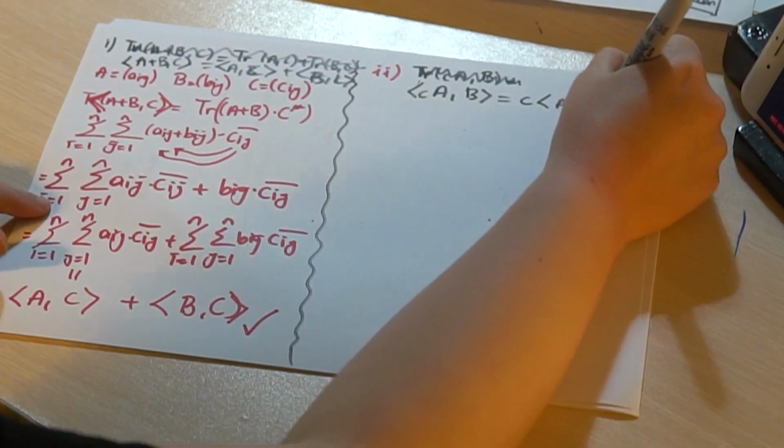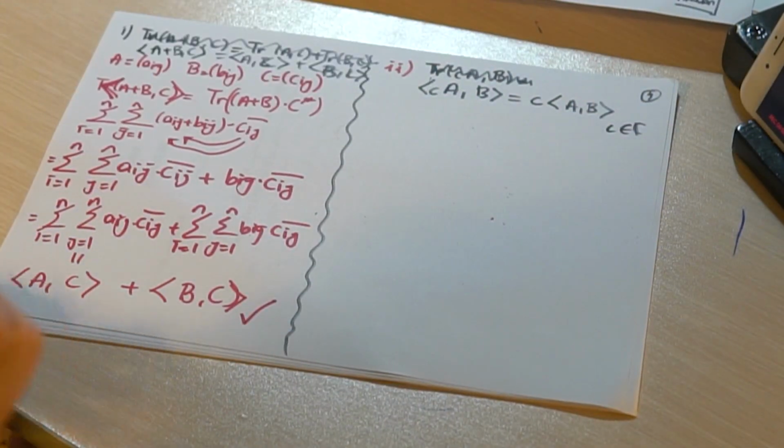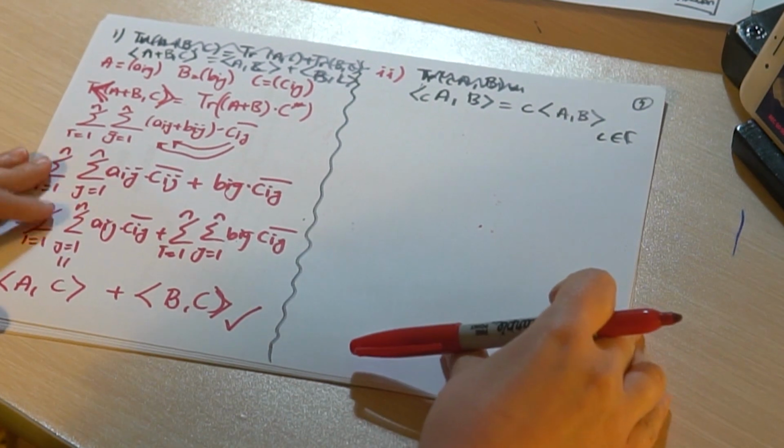Now we need to show this where C is a scalar in the complex numbers.